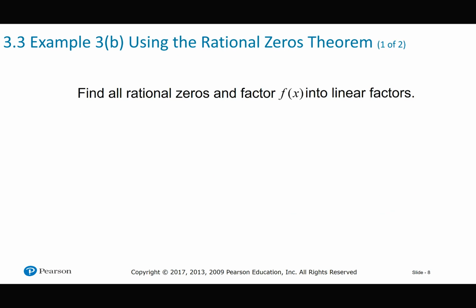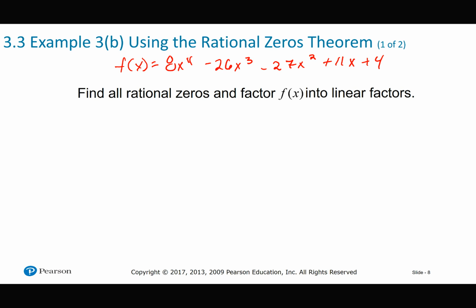Now, let's take it a step further. Same problem, it's just a part B to it. Find all rational zeros and factor f of x into linear factors. So again, this same one. So f of x was 8x to the 4th minus 26x cubed minus 27x squared plus 11x plus 4.